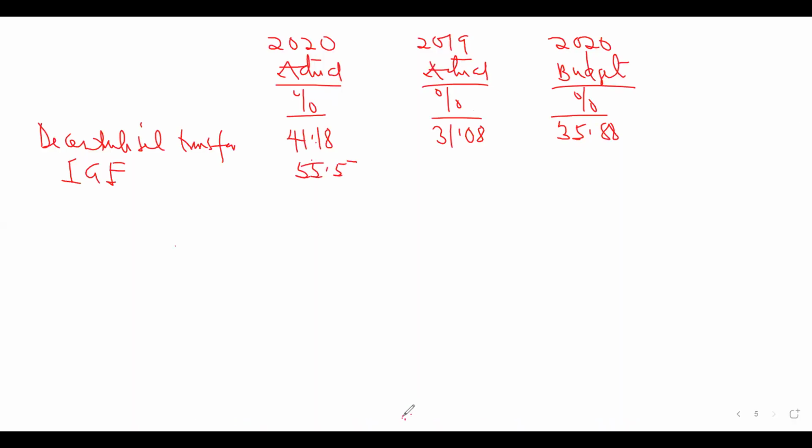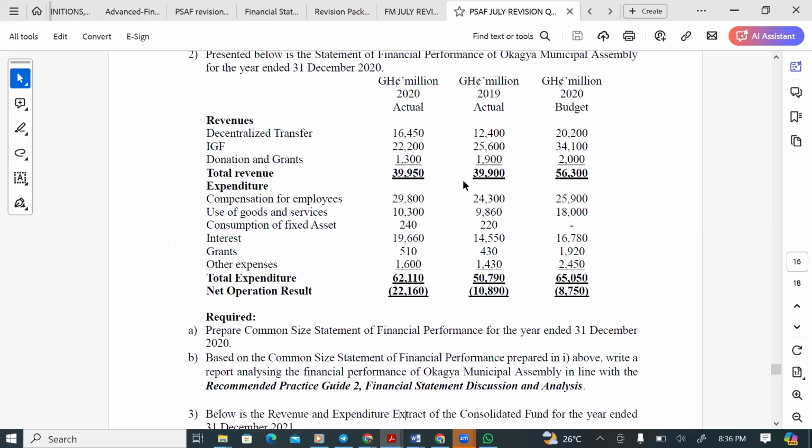For 2019, the years are at the top there, what will it be? 64.16.